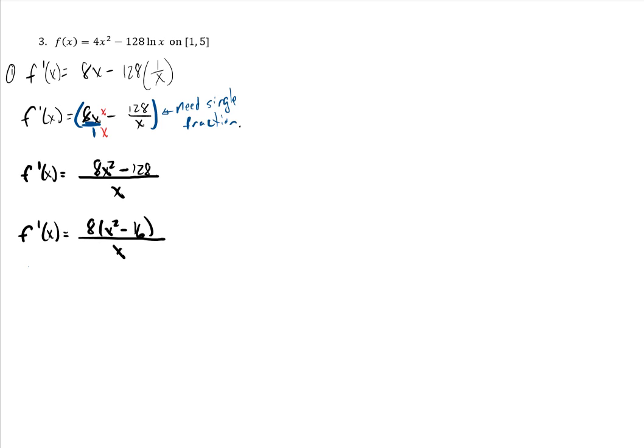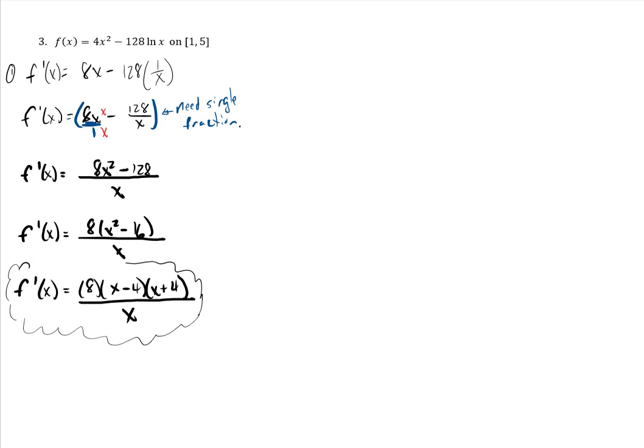And then notice x squared minus 16 continues to factor. So we have f prime of x is 8 times x minus 4, x plus 4, all over x. Okay, so this, I'm going to cloud, this is our factored derivative. It's completely factored.